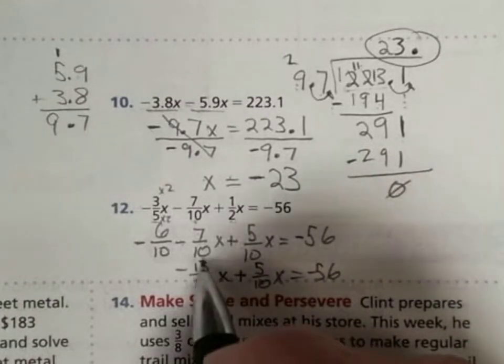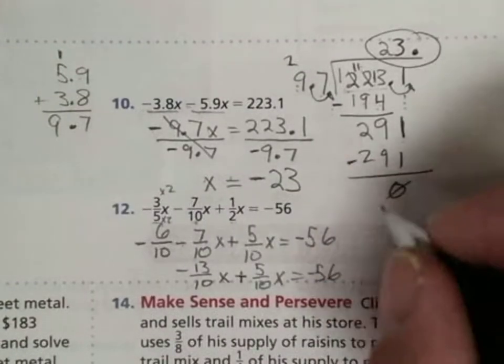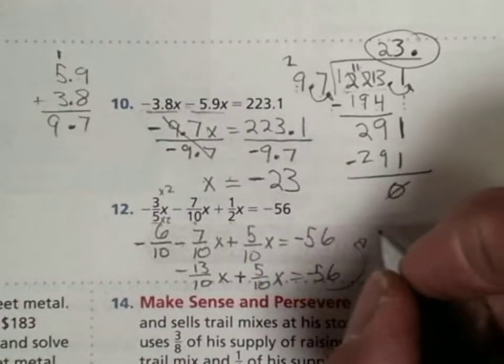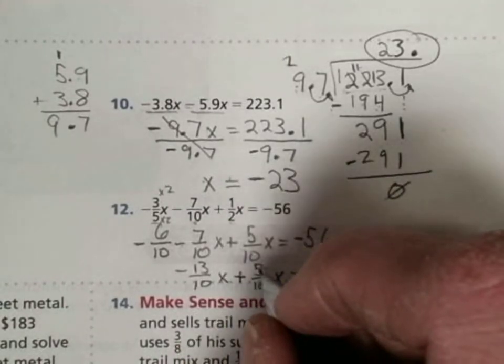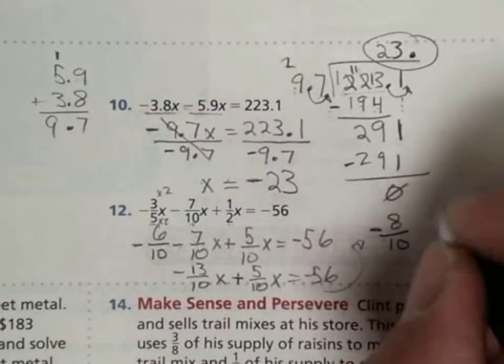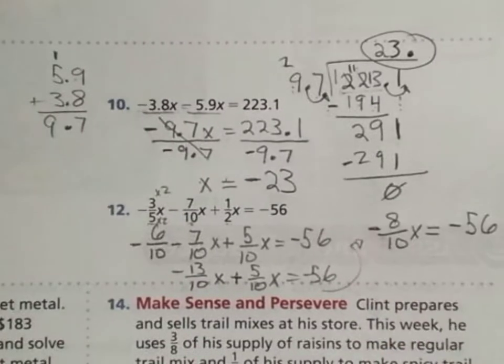I've got negative 13, positive 5. I've got more negatives than positives, so I know my answer is going to be a negative number. 13 minus 5 is 8. So now I've got negative 8/10 x equals negative 56.